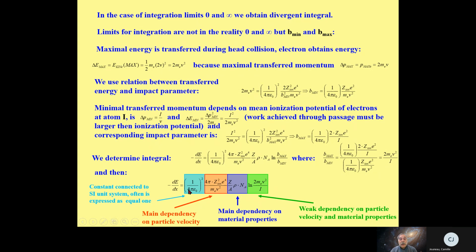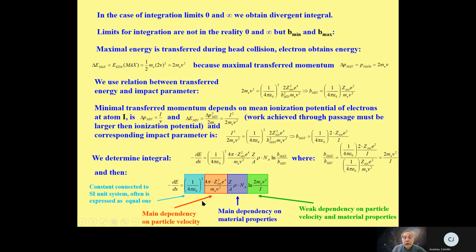That means we use the SI unit system, and in this case it's necessary to have this. Very often it is also possible to put this constant to 1, to work in some special system of units. Okay, fine.